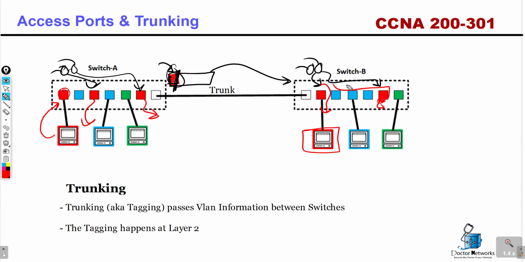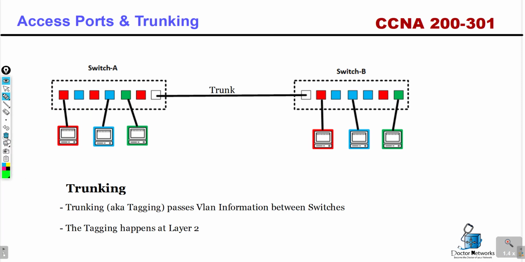And vice versa. If switch B wants to talk to switch A from any VLAN of red, blue, or green, a similar process happens. So if I'm sending a blue packet, meaning a broadcast comes up from the blue guy, then I'm going to be tagging it with the blue color and saying, okay, I'm sending you blue.